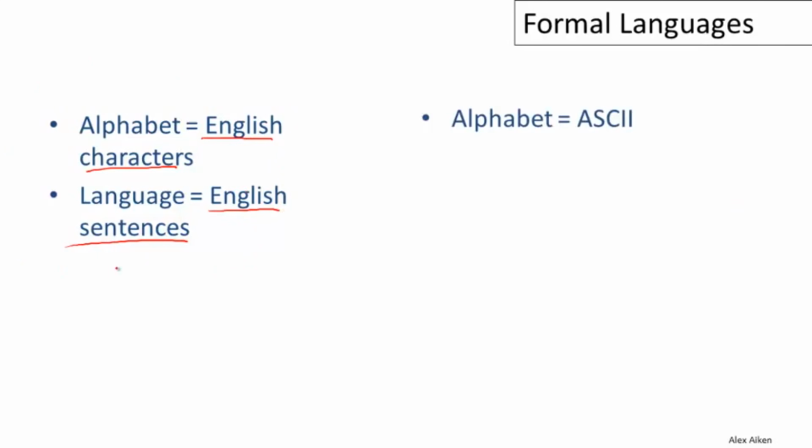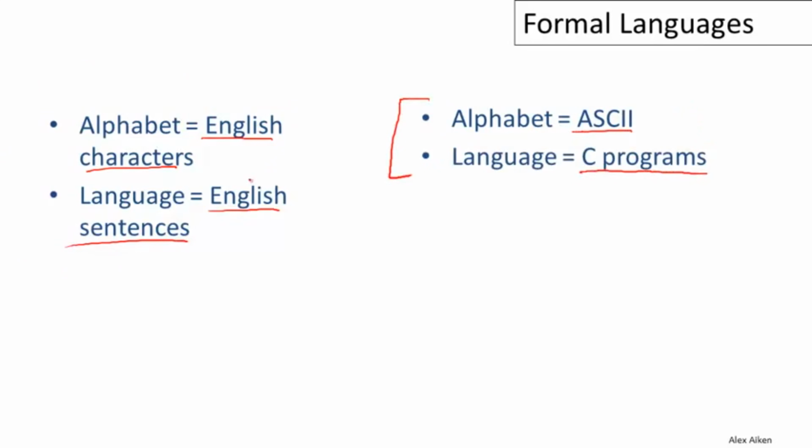Now, a much more rigorous formal language would be something like the following. We could pick our alphabet to be the ASCII character set, and the language to be the set of all valid C programs. And this is definitely a very well-defined language. This is exactly the set of inputs that C compilers will accept.